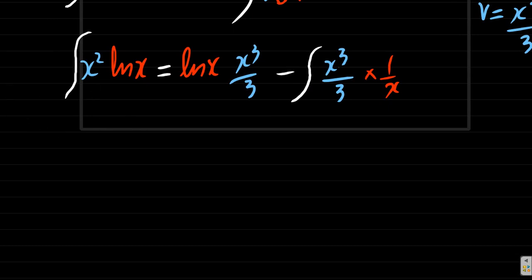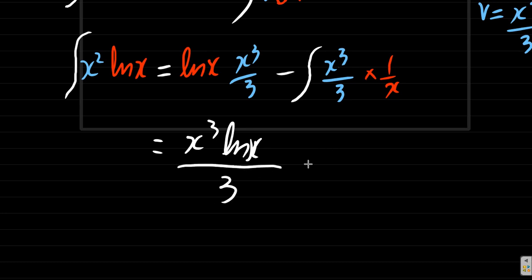So here now, this is equal to x cubed ln x divided by 3 minus. This can be written as 1/3 integral of. Then you have an x cubed over x, which is x squared. Right?